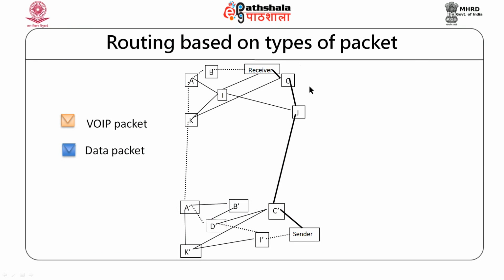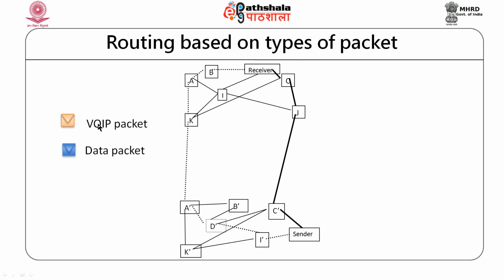Okay. So, here are some examples already given. Here is one simple thing which I have designed to show one typical requirement. Here I have two different types of packets, VoIP and data packet. I have the same sender, same receiver, but I want VoIP traffic to travel through a shorter path, only a 3 hop path, and data traffic can travel over a longer path, but maybe with higher bandwidth.